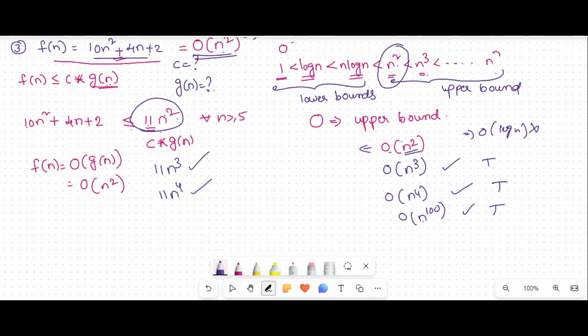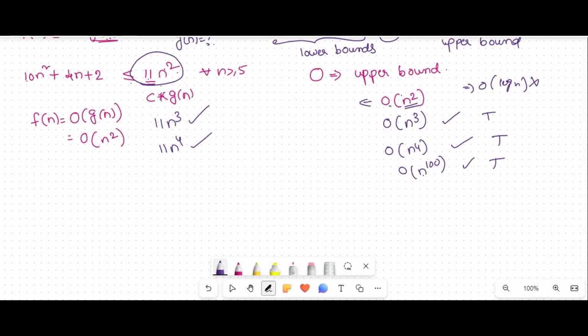For example, take another example like 10n square plus 4n plus 2. The same function here I am taking. For this you can write n power 200, which is correct. But it is not closer to the given one. That's why here we will take order of n square.